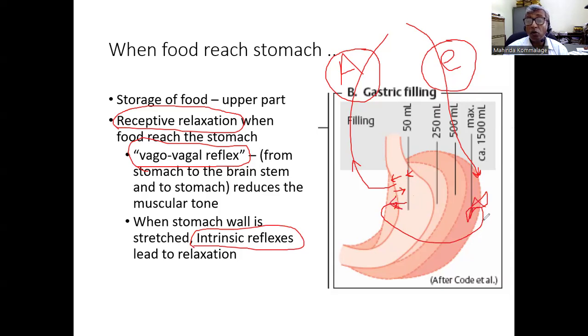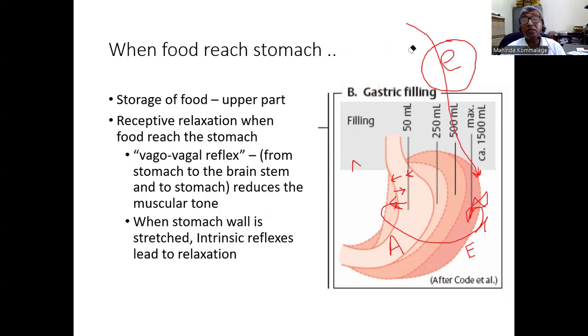This afferent and efferents operate on the smooth muscle, and this is the local operating reflex. We can call it an intrinsic reflex. That also facilitates the relaxation of the stomach, right? So that is receptive relaxation, important for the storage function.